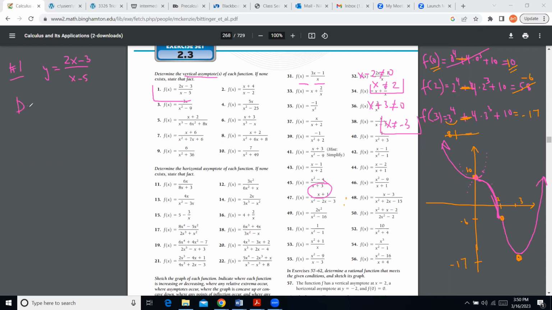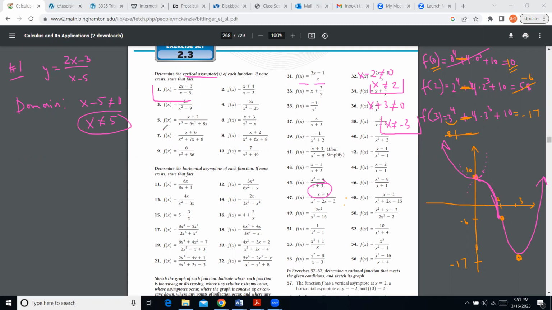Well, all I care about is the denominator. So domain says that the denominator is not equal to 0, and therefore x is not equal to 5. So it turns out when x is equal to 5, I'm going to get that so-called vertical asymptote.